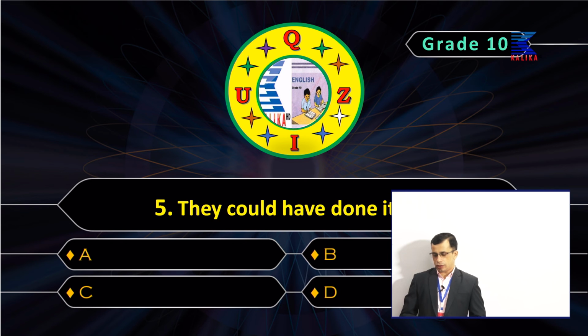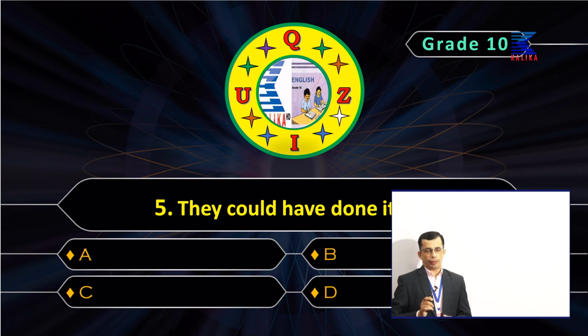They could have done it if they ___. So, in if clause you are supposed to fill the verb. In main clause it has been given could have plus verb 3. So, what are you supposed to fill there? Of course, past perfect had plus verb 3.